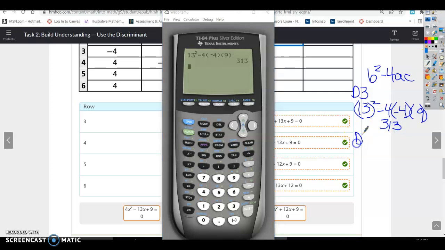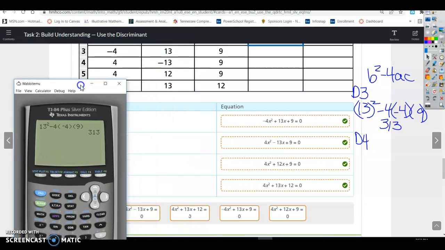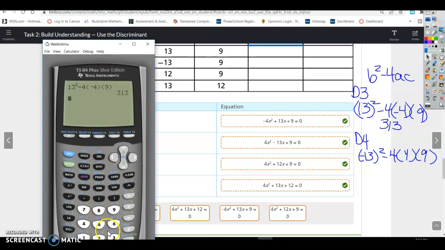All right, so let's do D4. Let's move this out of the way so we can see our A, B, and C. So we've got 4, negative 13, and 9. So let's plug that in. Our B is negative 13 this time. Negative 13 squared minus 4 times A times C. A is 4 and C is 9.